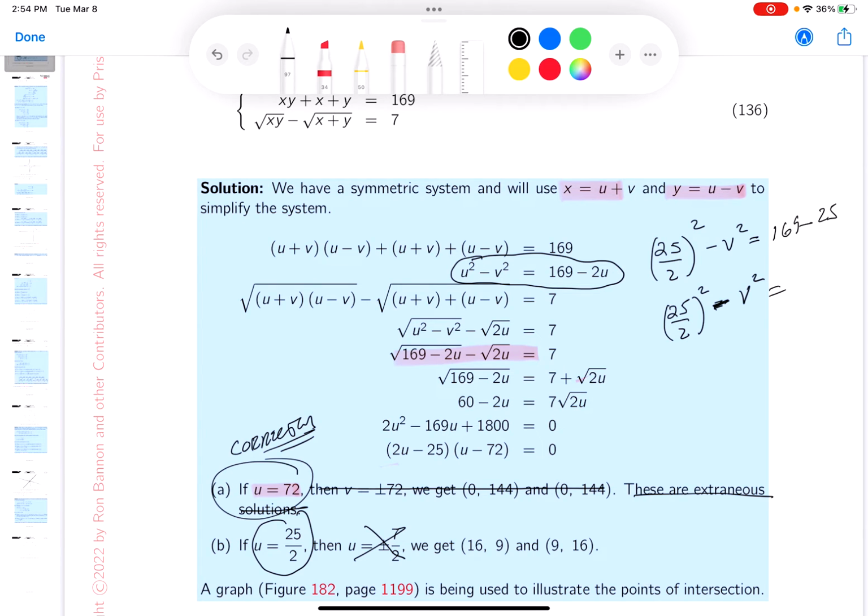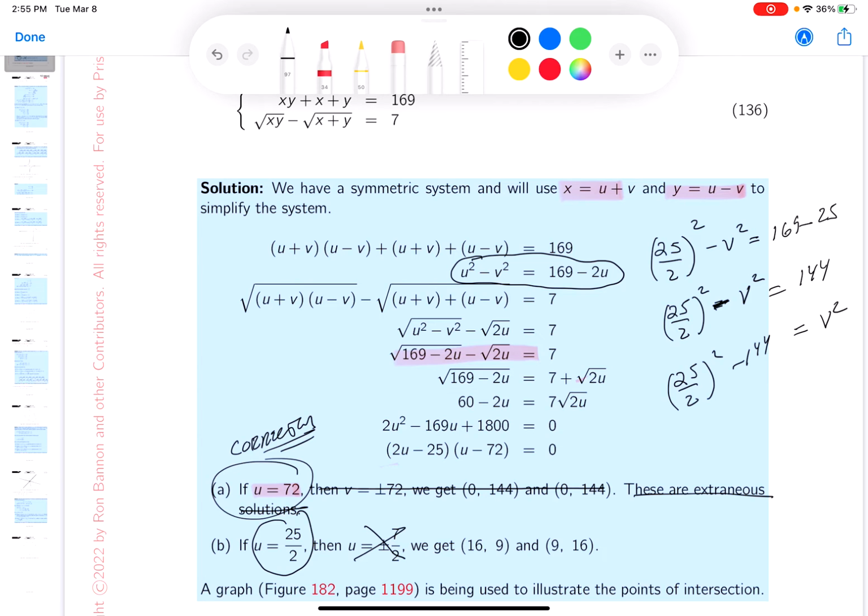And 169 minus 25 is 144. I'm just going to rewrite this a little differently: 25 over 2 squared minus 144, and that equals V squared, all right? And someone said, how are you going to do that arithmetic? Well, I'm going to use a calculator, actually, but I want to point out, I don't need to use a calculator. You could do the arithmetic on that if you want.